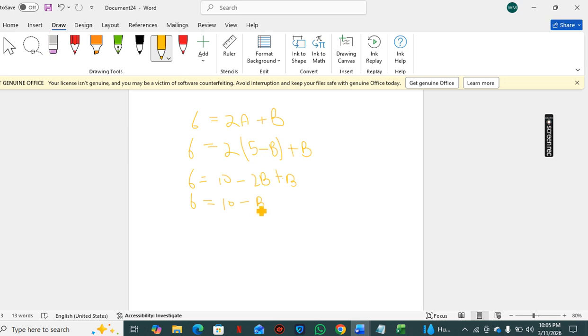So we want this B to be positive. Let's take it to this side. Then this 6 goes this side. So we have positive B here. We have 10 minus 6, which equals 4. So B equals 4.